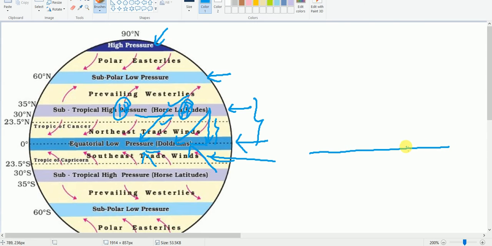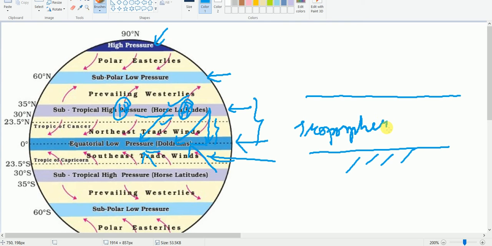See, this is the surface of the earth. The lowest layer of the atmosphere, I think you may know, is the troposphere. Above the troposphere, what is there? Stratosphere.